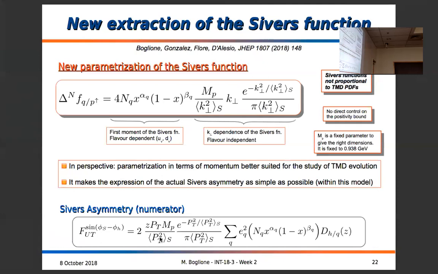While now, as far as we are pretty sure, the counterpart of the Sivers function in the collinear limit is the twist-three matrix element, which is not actually known quite well, so you have to parameterize it directly in this particular extraction. That's why this prefactor. This is still one possibility, but it's a possibility which can also help us in the connection with other kinds of studies or approaches.